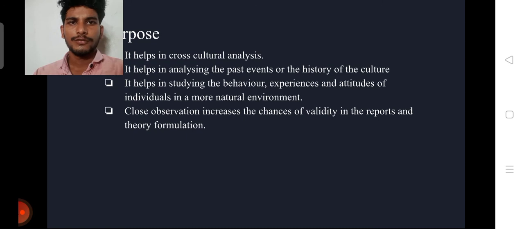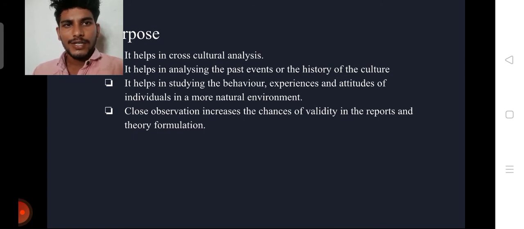The purpose of ethnography: it helps in cross-cultural analysis of a research, and it helps in analyzing the past or historical events of the culture. It helps in studying the behavior, experiences and attitudes of individuals in a more natural environment.